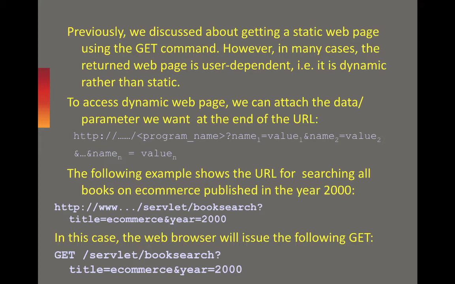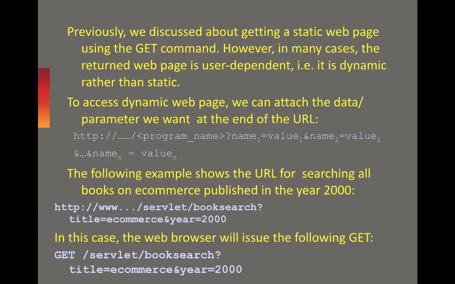Because you have a set of arguments or parameters, name equals value pairs. So one example of this would be Google, right? So if you click on Google, you notice that this URL is actually a parameterized URL. So here's an example here. You're doing a book search. You type in two attributes and two values, title equals e-commerce, year equals 2000.